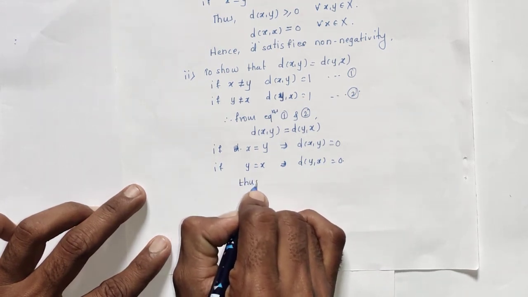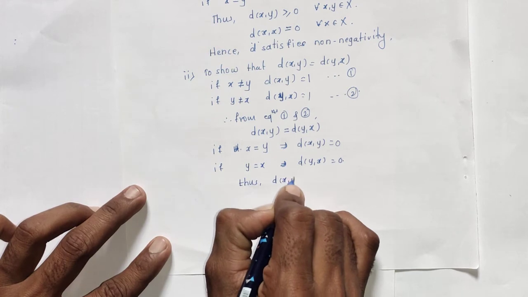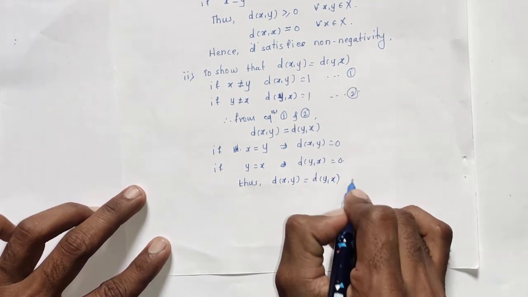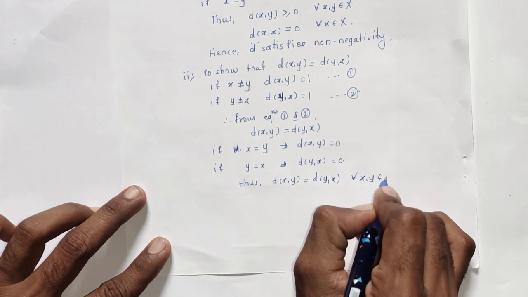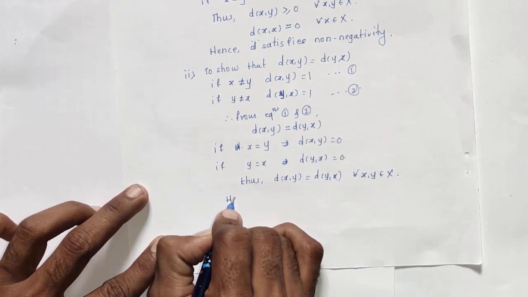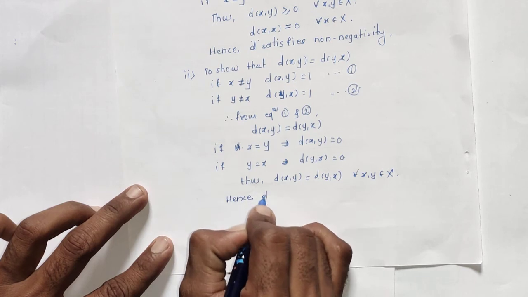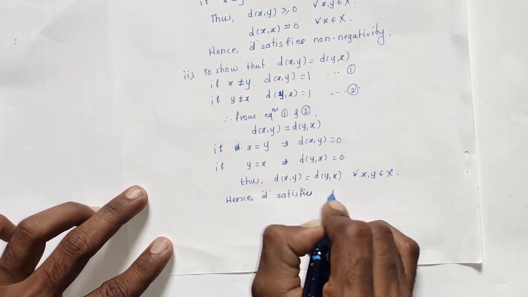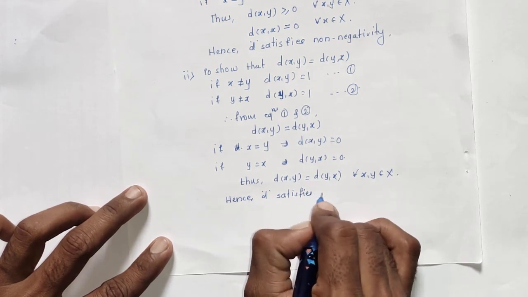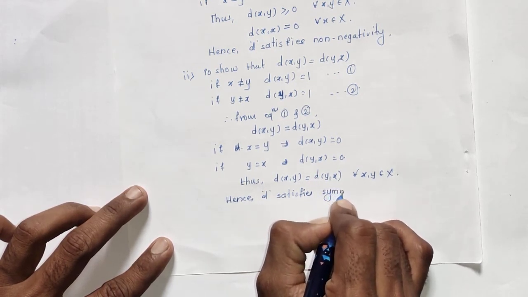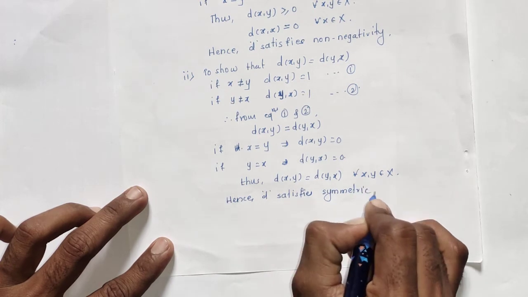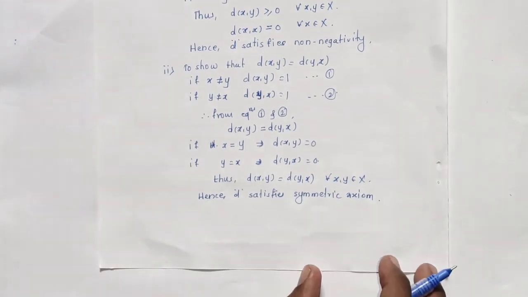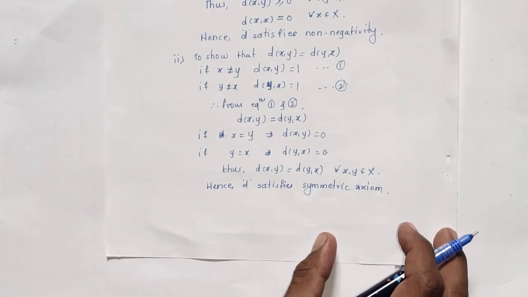Thus distance of xy is equal to distance of yx for all x, y belongs to X. Hence we can say that d satisfies the second property, the symmetric axiom.